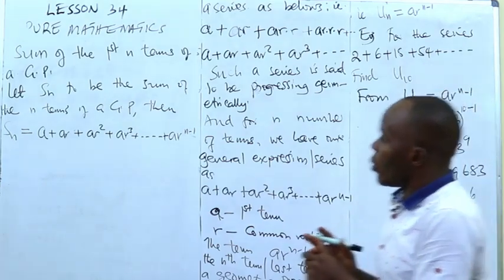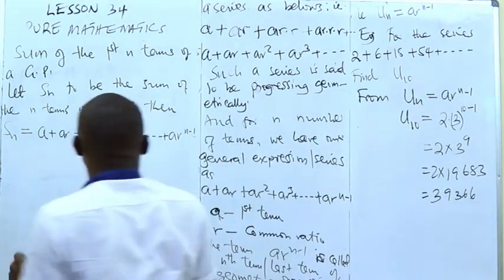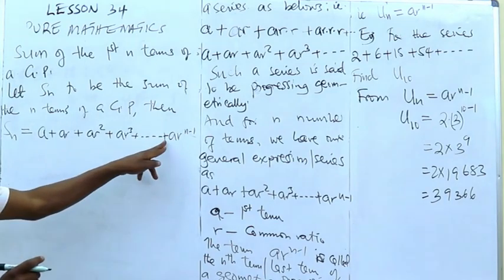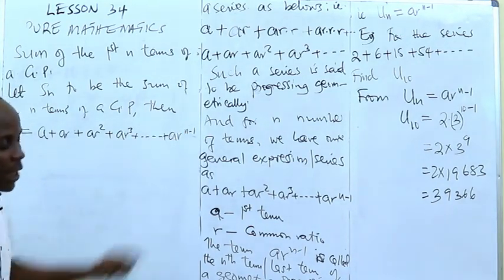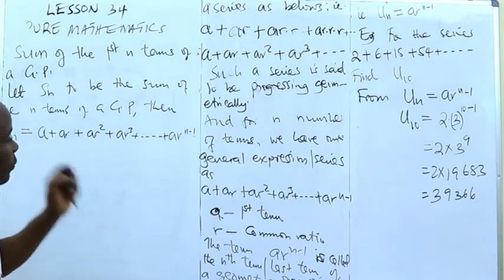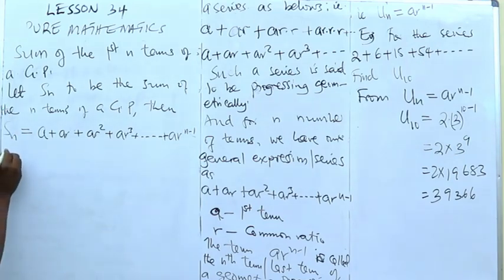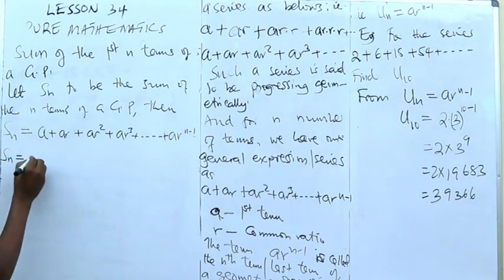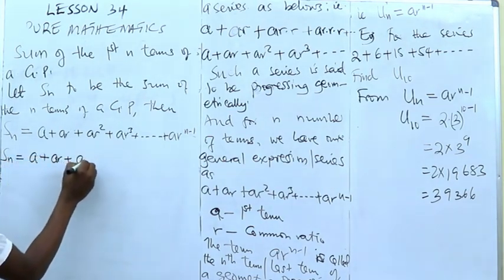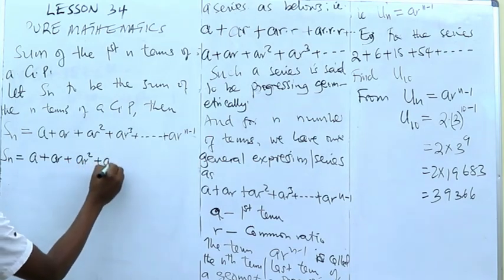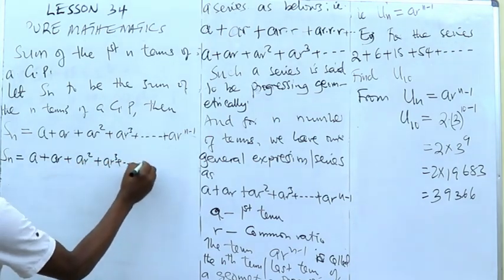Now, I can fix a term before the last term. I can have Sn is A plus AR squared plus AR cubed plus.